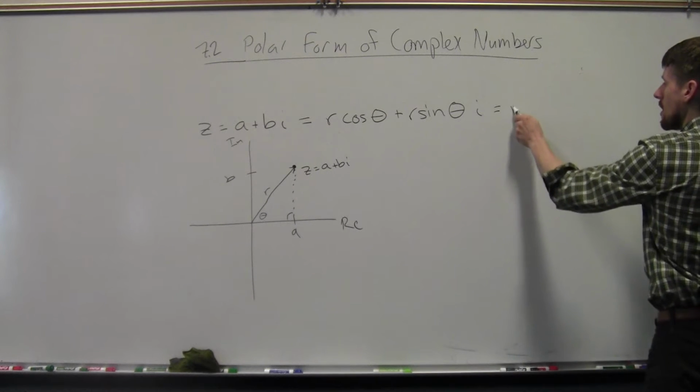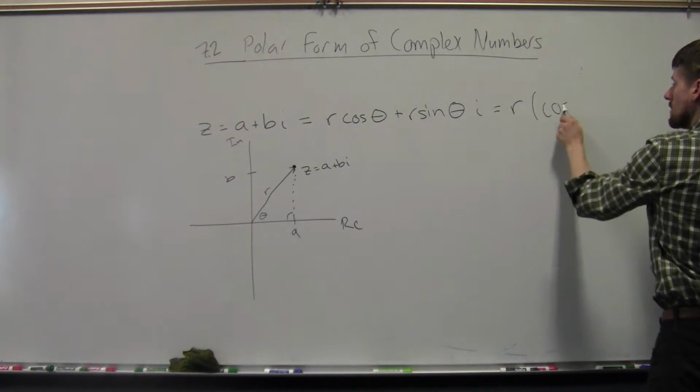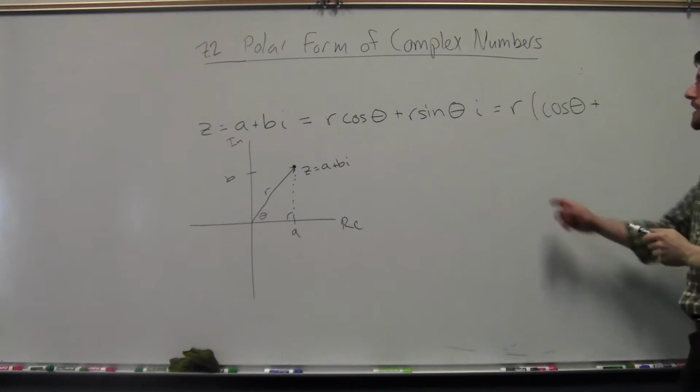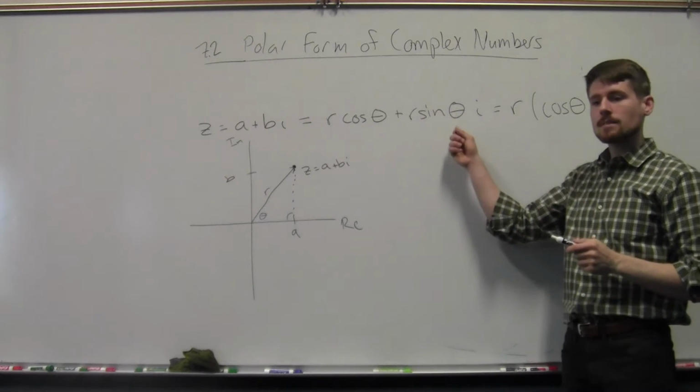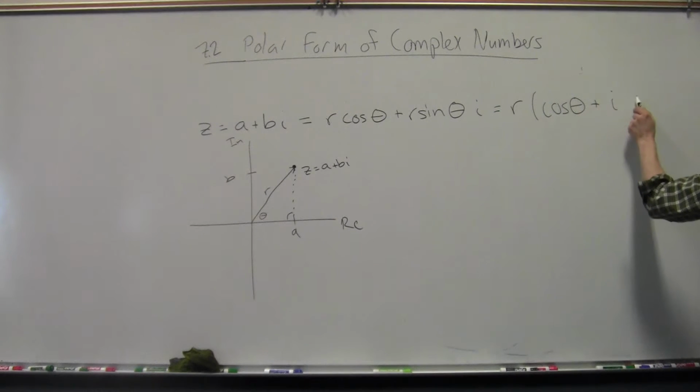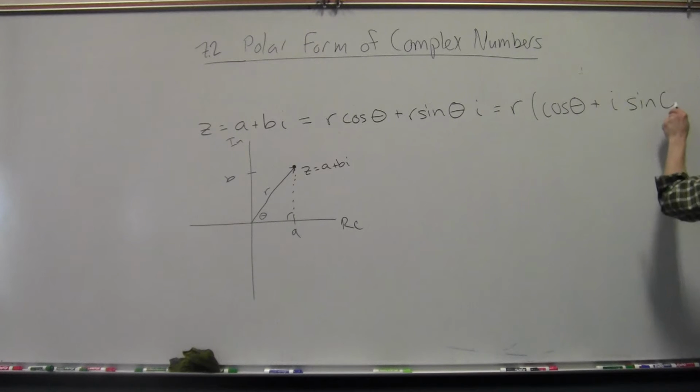You can write it as r times cosine of theta, and then people typically don't want to think of this i being inside of the sine, so they write it in front like this, i times the sine of theta.